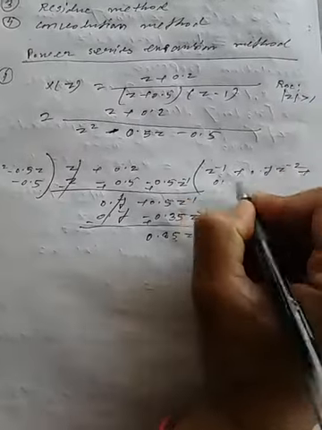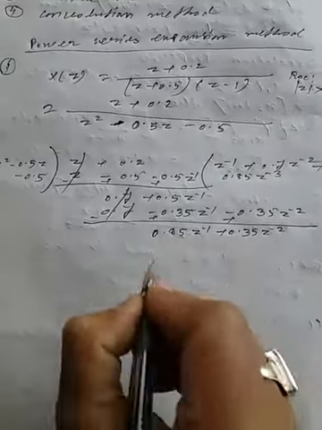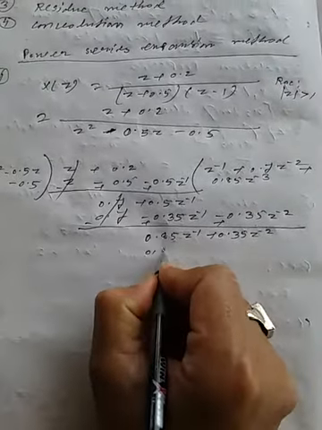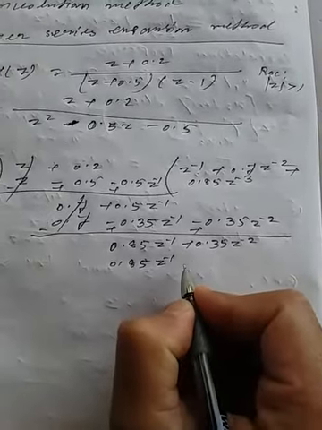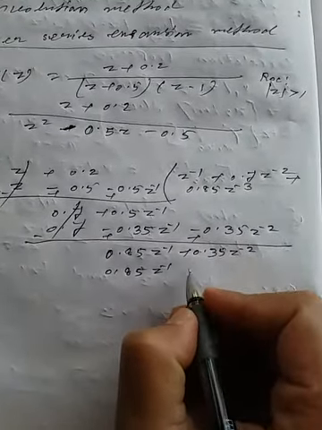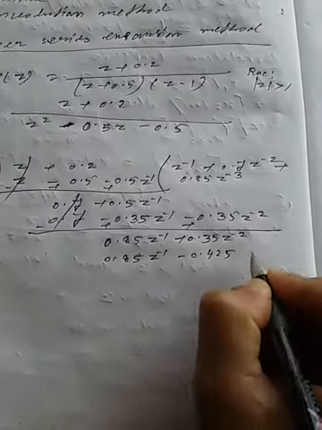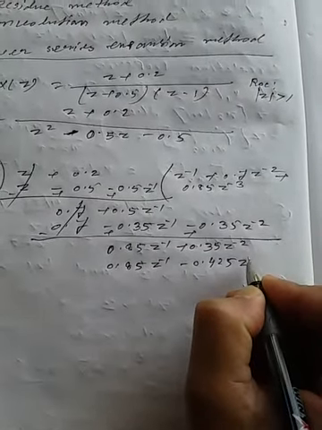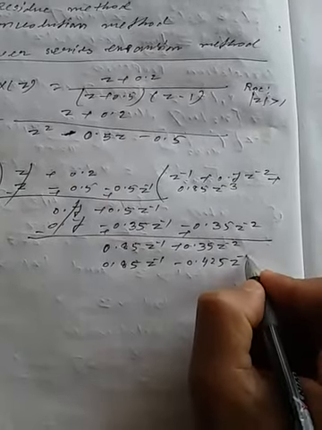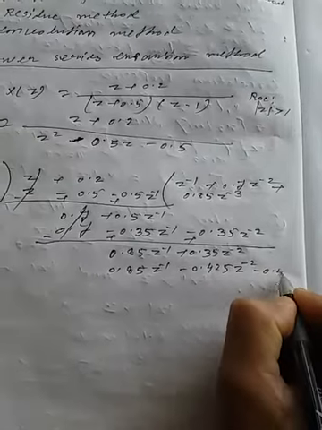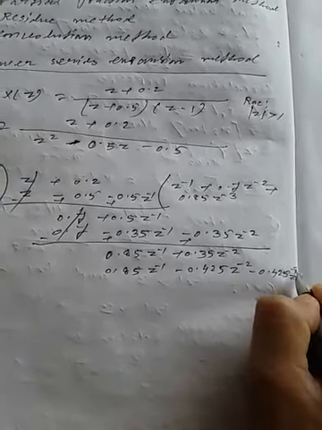So here is 0.85 z to the power minus 3 to get this portion. So this will be 0.85 z inverse, right? And this portion will be minus 0.425 z to the power minus 2, and this will be minus 0.425 z to the power minus 3.